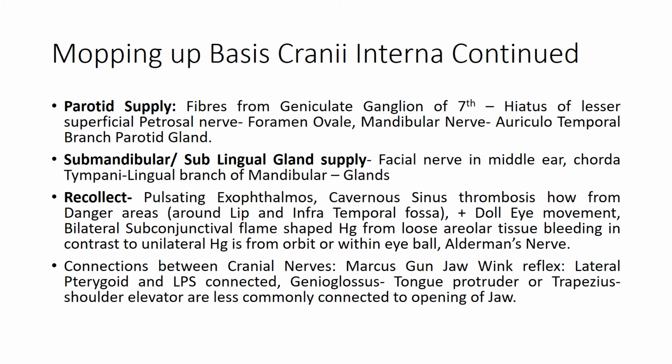You have to remember that a bilateral subconjunctival hemorrhage, flame-shaped hemorrhage, is usually from loose areolar tissue bleeding, in contrast to unilateral subconjunctival hemorrhage, which can be from the orbit or within the eyeball.